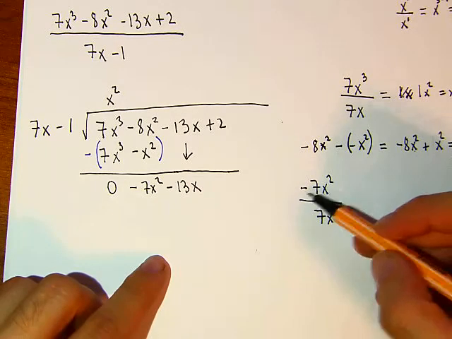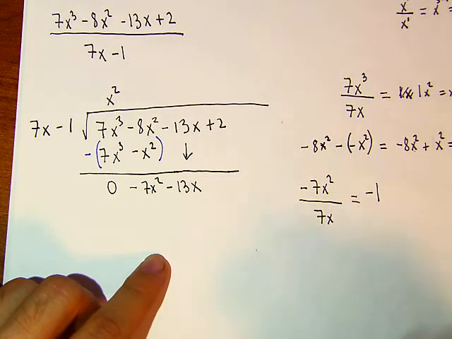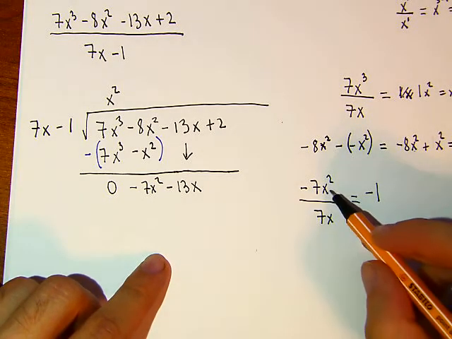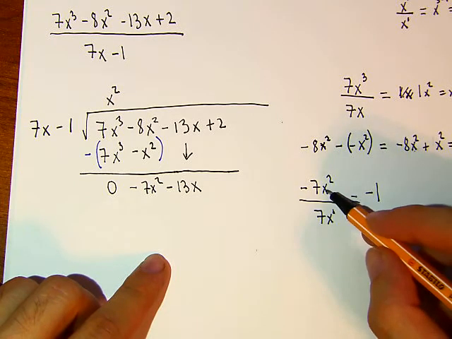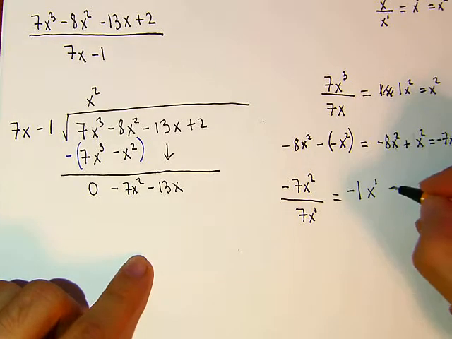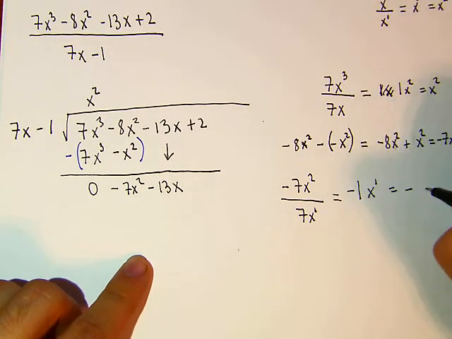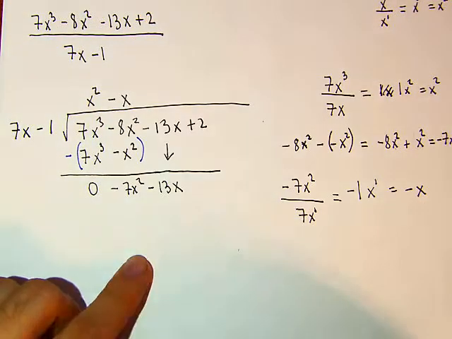So here you have negative 7 divided by positive 7. That is negative 1. And what is x squared divided by x? Remember, there's a 1 here. That's 2 minus 1, which is x to the 1, which is just x. So really it's negative x. It goes in negative x times.